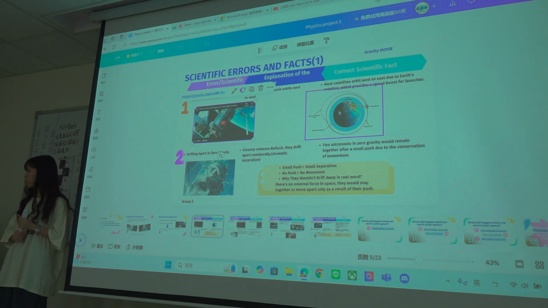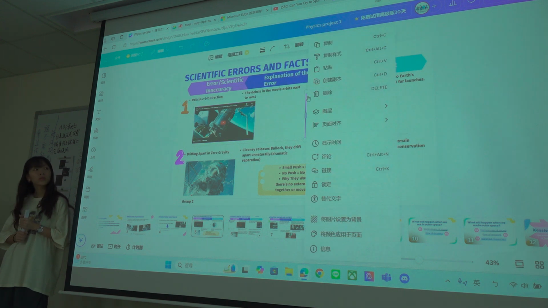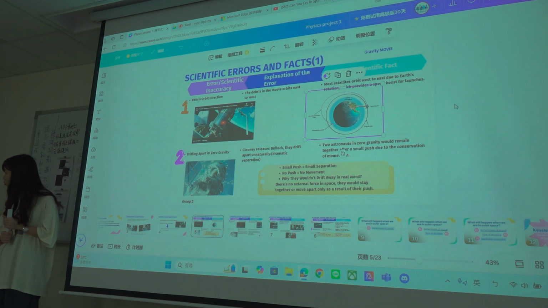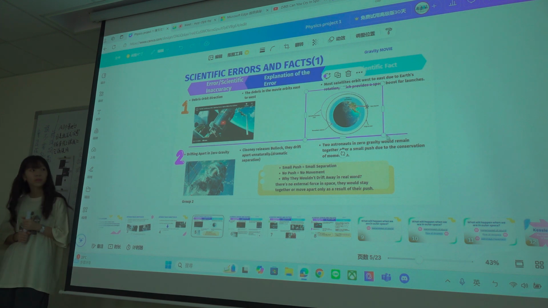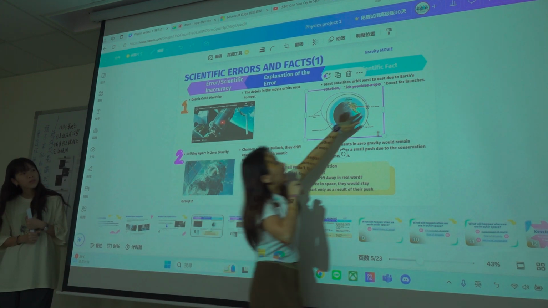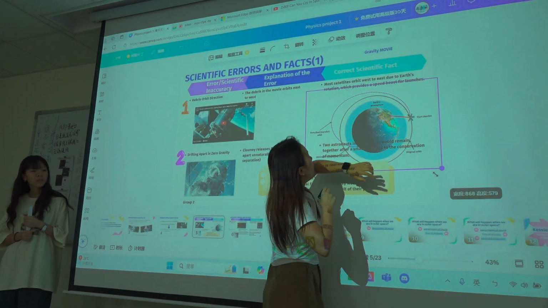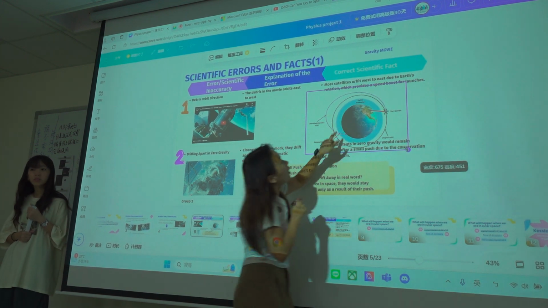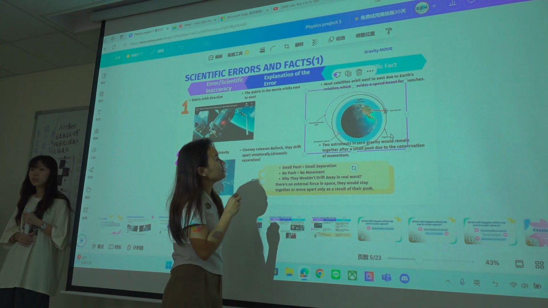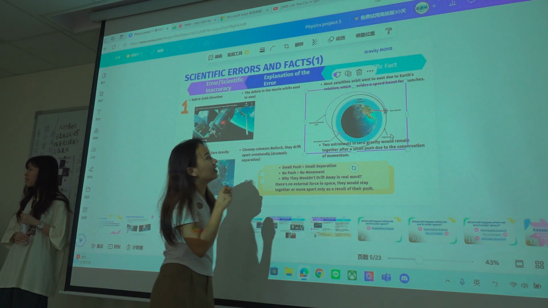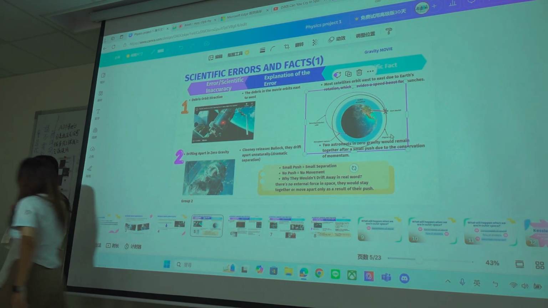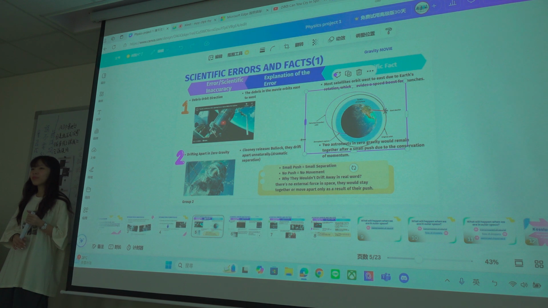Actually, we can see this picture. It would be like this one, so it would be west to east. Why is that? Why can't it go the other way around, from east to west?